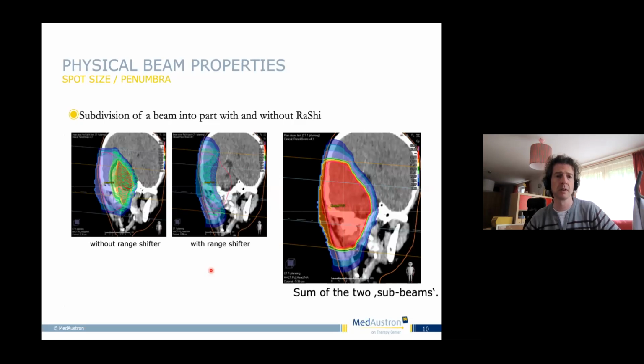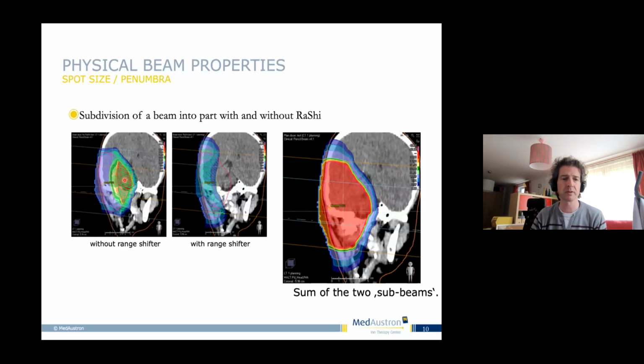Another way, and that's a technique which we implemented from the beginning on, is to split the field into a portion which is delivered with a range shifter whenever it needs to be superficial. So here we have a brain tumor, which goes from in-depth to a superficial portion of the patient's head. And we give the dose to the superficial part with a range shifter, acting as a physical scatterer in the treatment nozzle.